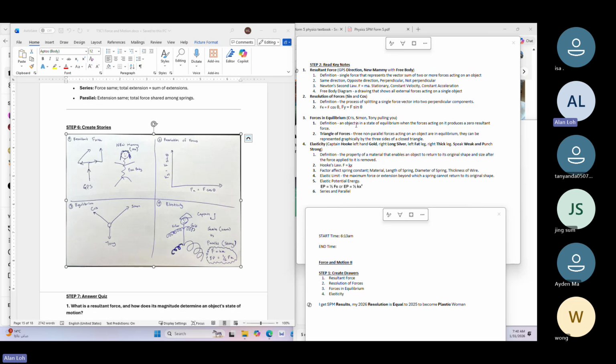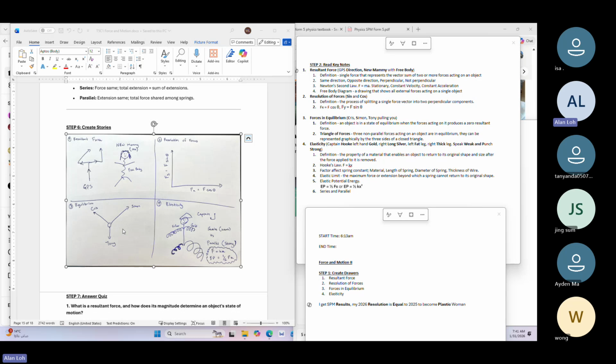They have to use cos, sine, and tangent to do the calculations. So Chris represents cos, Simon represents sine, Tony represents tangent, and they are pulling you in 3 directions, and you are static because all 3 directions are exerting the same force. You're not moving because you're static.